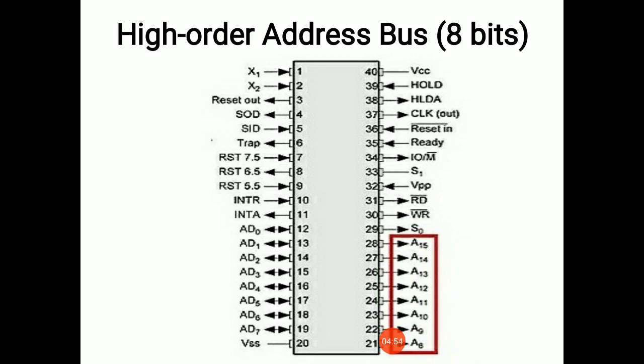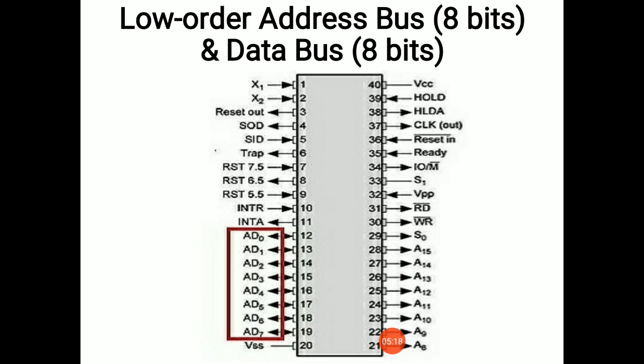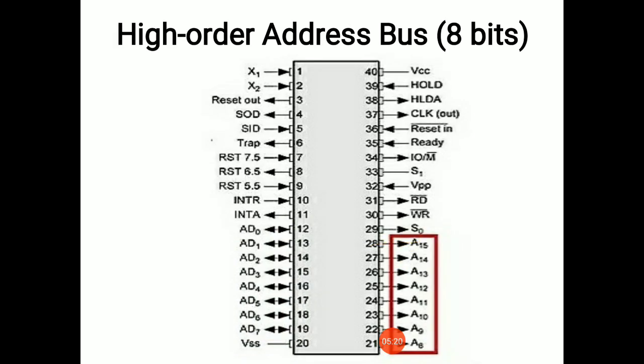How is this 16-bit address sent from the microprocessor to the memory? That will be through the address bus. The address bus is from A0 to A15, but it is divided into two parts. A0 to A7 is multiplexed with the data bus, designated as AD0 to AD7, and the higher order A8 to A15 will carry the higher part of the address.